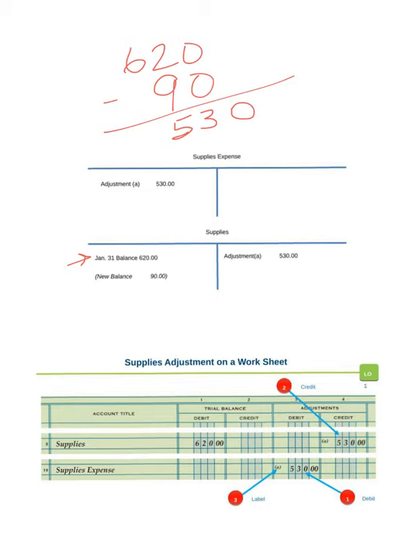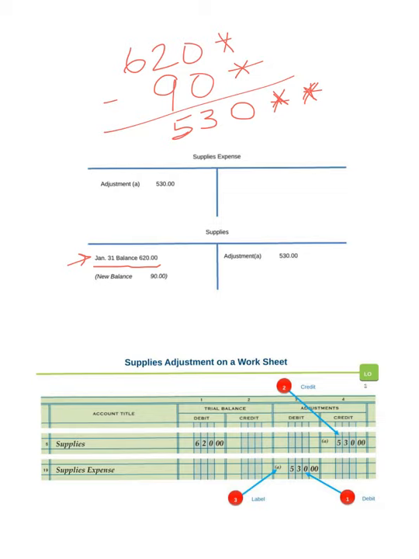So what was the initial balance in supplies? $620. What should it be? We need to adjust it down to 90. In order to adjust it down to 90, we have to adjust the account by $530. We had a beginning balance in the supplies account of $620. How do we decrease the supplies account?